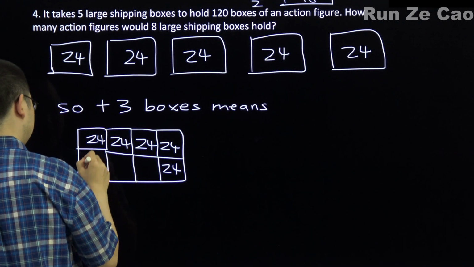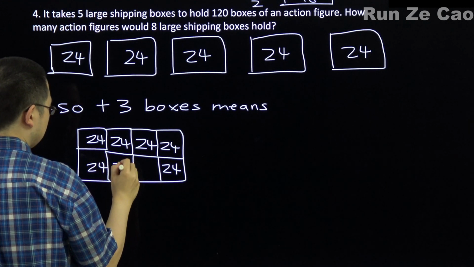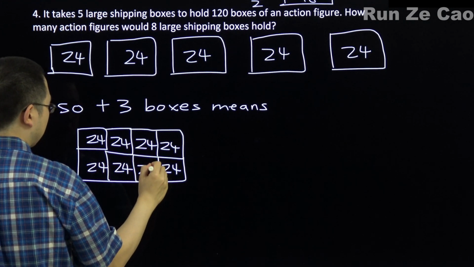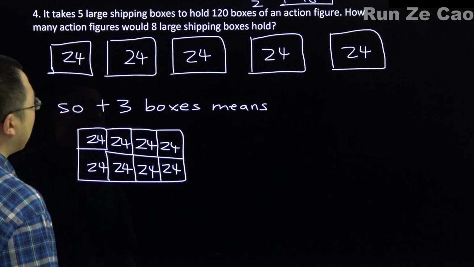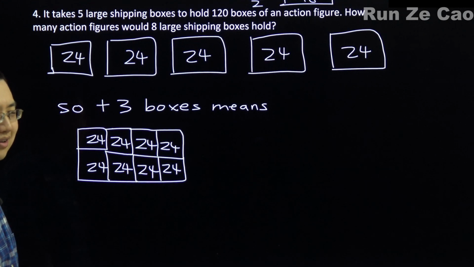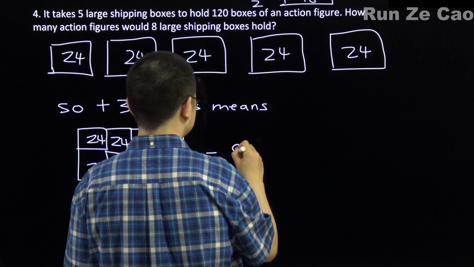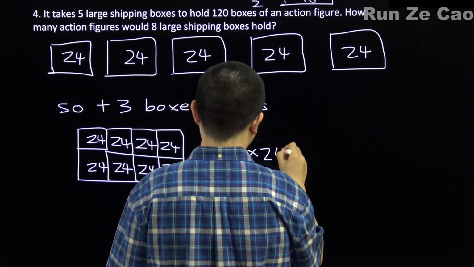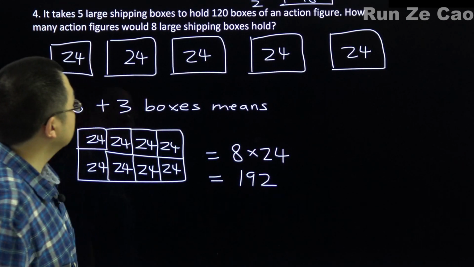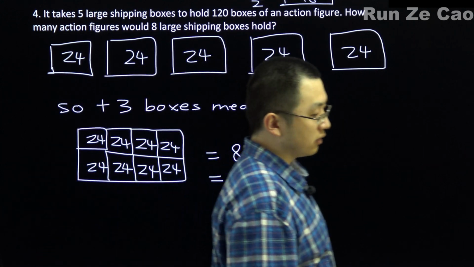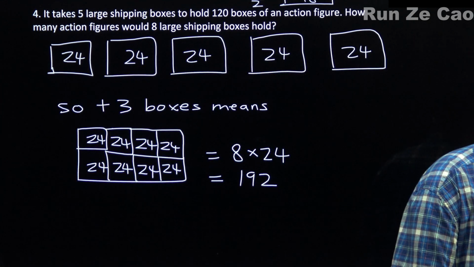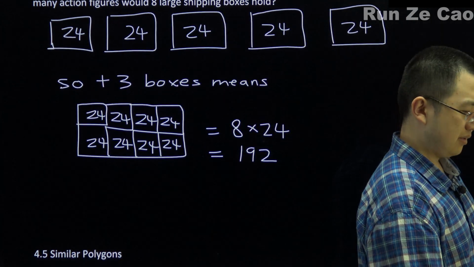Oh God. Yeah, well, we were required to do this by drawing diagrams. Eight times 24. So this is 192 action figures in 8 large shipping boxes of this type.